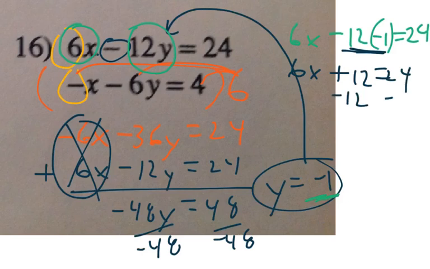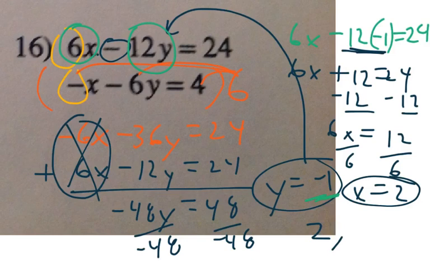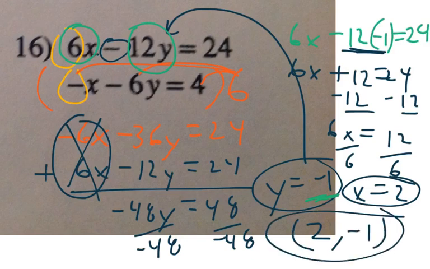Once I minus 12 both sides, 6x will equal 12. Divide by 6, x equals 2. And so my final answer is x equals 2, y equals negative 1. And I just solved that system. So pause the video if you need to.